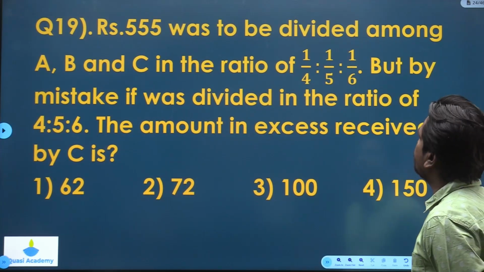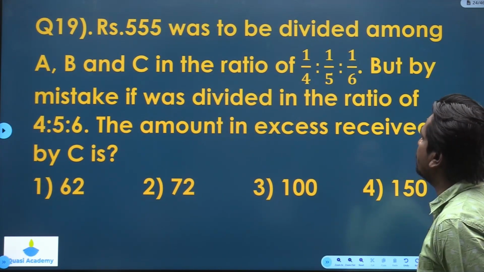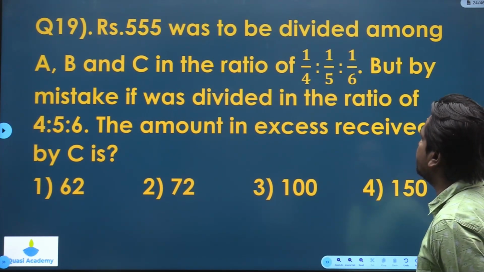Rupees 555 was to be divided among A, B and C in the ratio of 1/4:1/5:1/6.